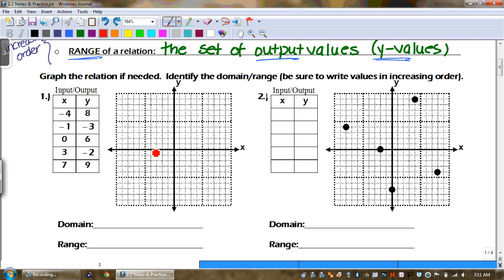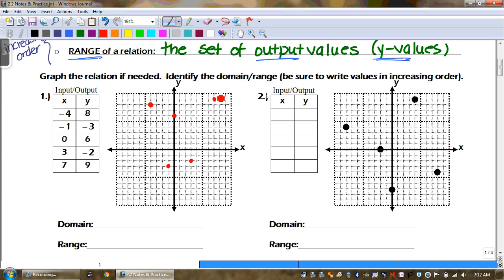You go to the left 4 and we go up 8 and draw your point. (-1, -3). (0, 6). (3, -2). (7, 9). And there you go. All it asks you to do for that first part is just to graph.